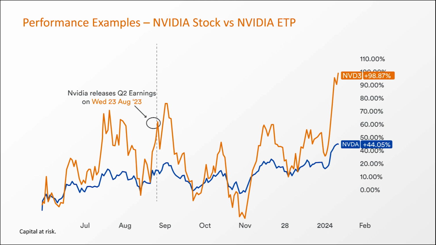But one thing I would prefer to do is still to trade the ETP in the recommended holding period, and that's why I also gave an example here with NVIDIA, which released Q2 earnings in August, on the 23rd of August, had a rise in the underlying, and the 3x long NVIDIA ETP had tripled the performance.